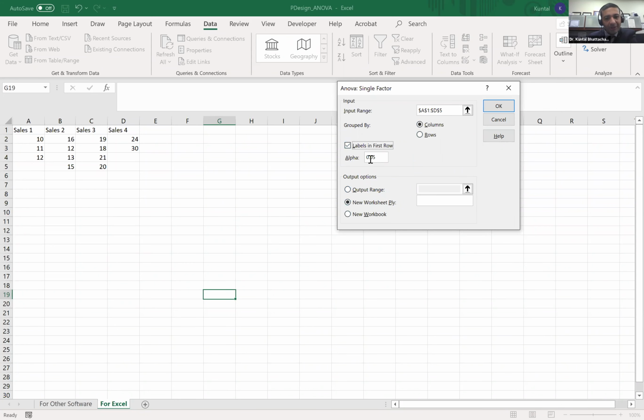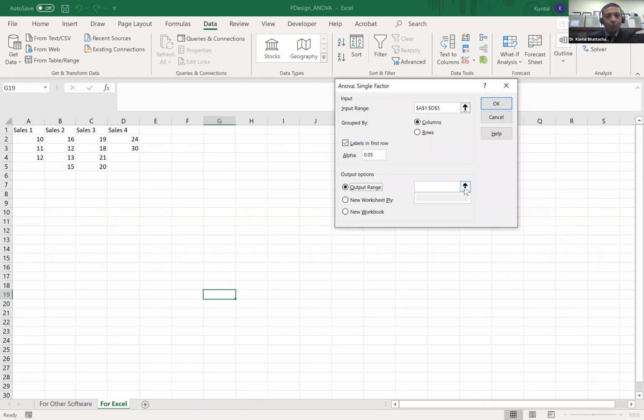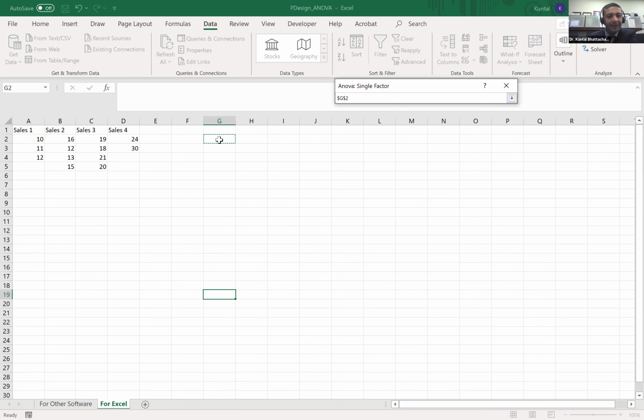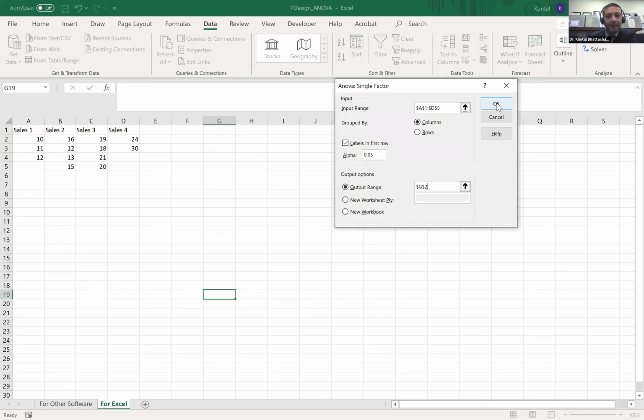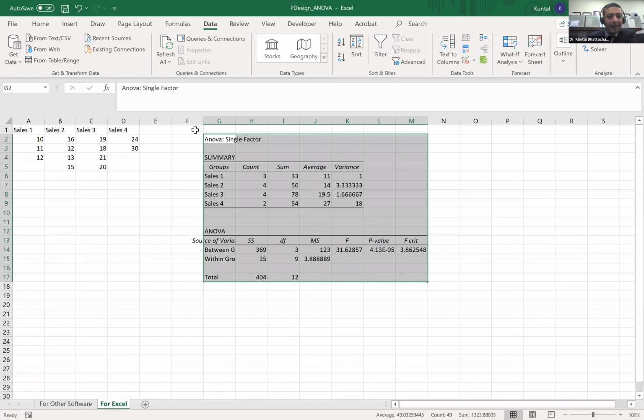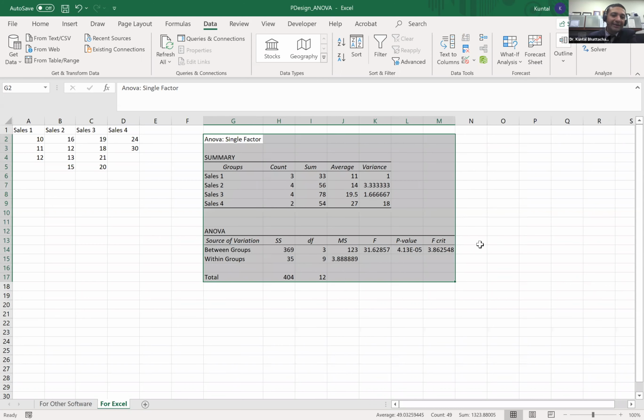I'm going to use an alpha of 0.05. I'm going to use my output range right here, let's say G2 in my case. And I hit OK. What Excel does is create a couple of things for me. One is an overall summary for each of those package design sales.